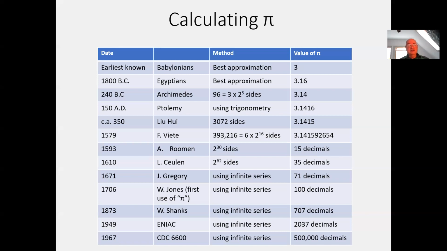You can see where the number of decimal points jump in the computer era, the first big computer, the ENIAC, and then the first so-called supercomputer in 1967, the Control Data Corporation's 6000 series, where you get 500,000 decimal places. The supercomputers of today, by the way, guys, now you don't worry about how many decimal places.